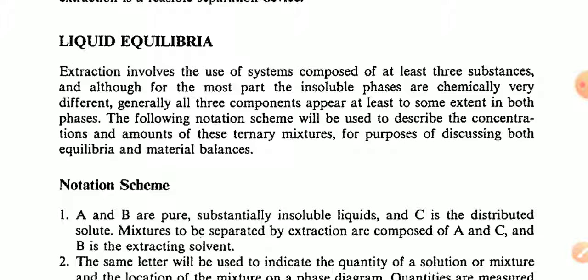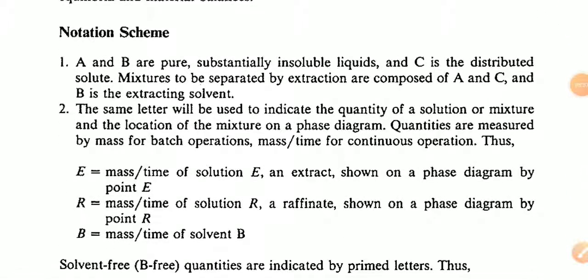The following notation scheme will be used to describe the concentration and amount of these ternary mixtures for the purpose of discussing both equilibrium and material balance. In this notation scheme, A and B are the pure, substantially insoluble liquids, and C is the distributed solute. The mixture to be separated by extraction is composed of A and C. Okay, the solvent B we will add.